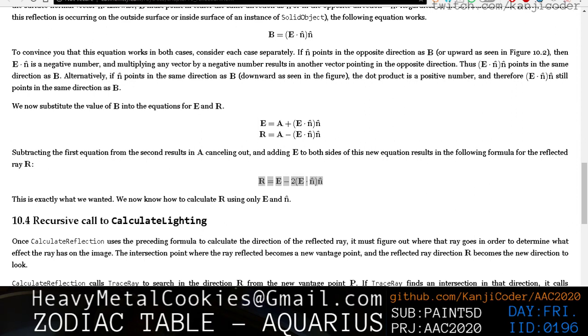They're vectors, right? So let's just say V.